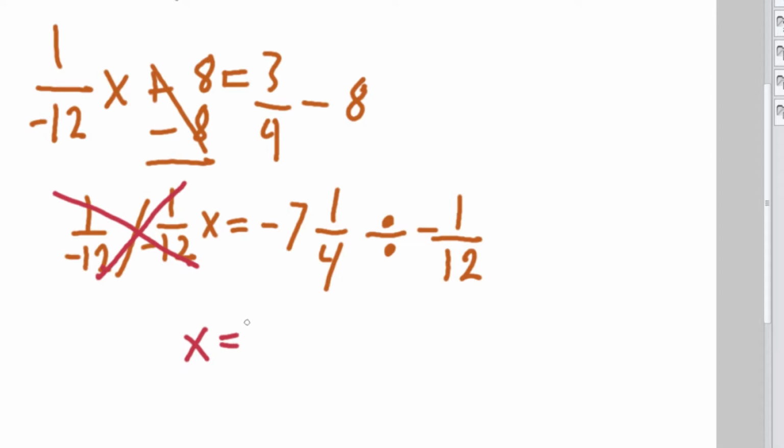Equals, see, negative 7 and 1/4 divided by negative 1/12 equals 87. Awesome. Equals 87.